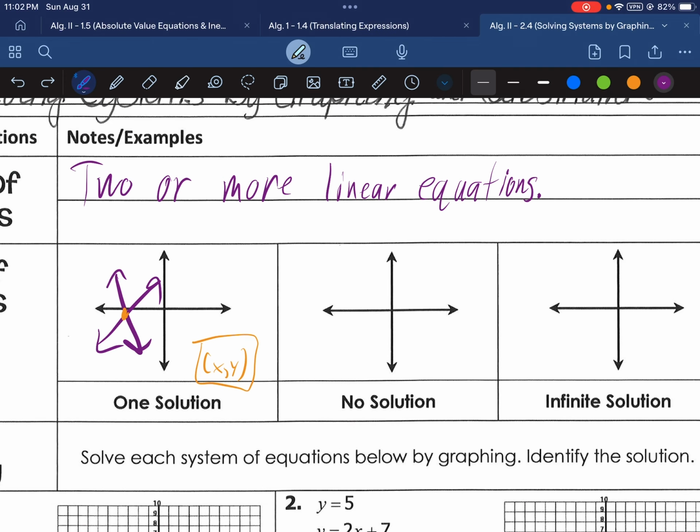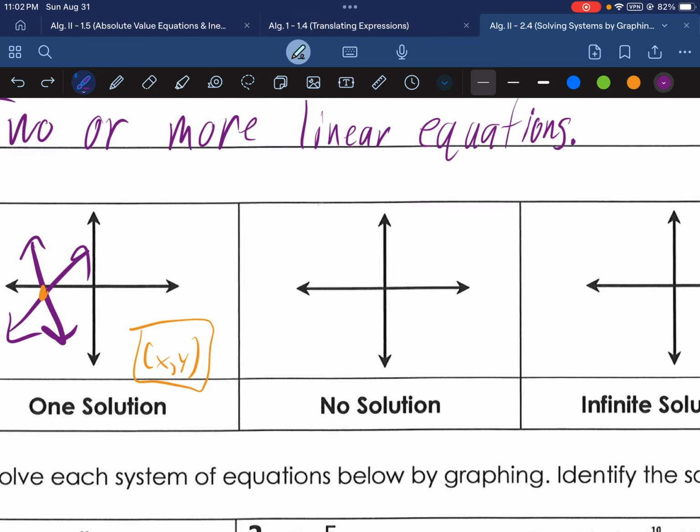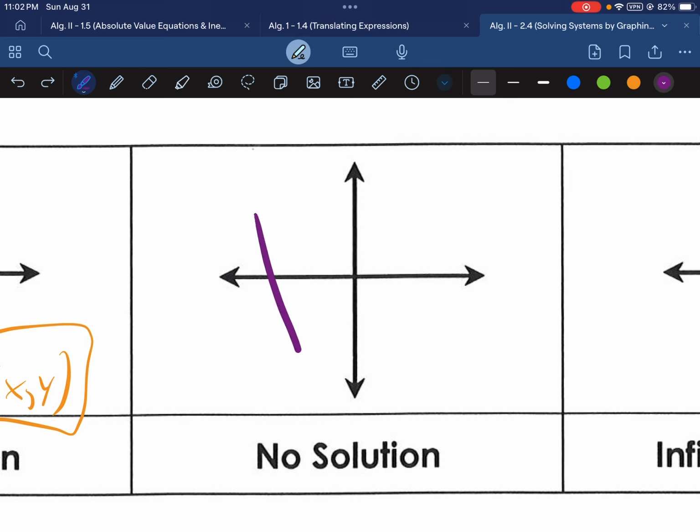Now we said wherever they intersect is our answer, so if there's no solution, that means there's nowhere they intersect. And so if they're not intersecting, that means the lines are parallel. And so parallel lines yield no solution. So I do the little parallel line symbol so we can remember this.